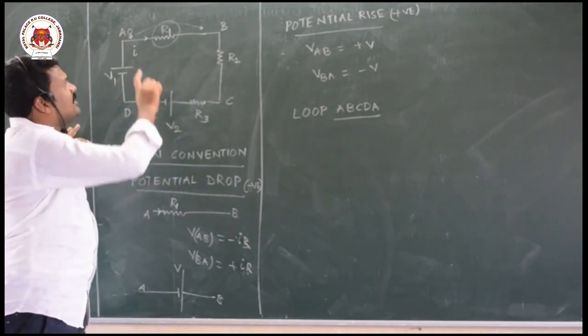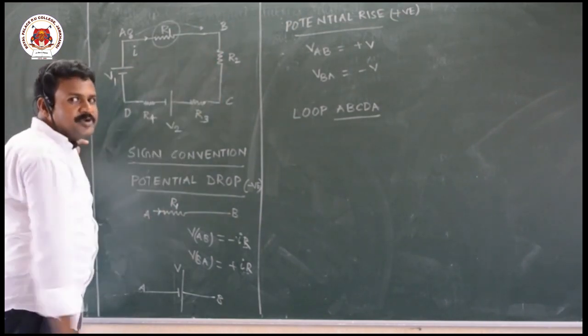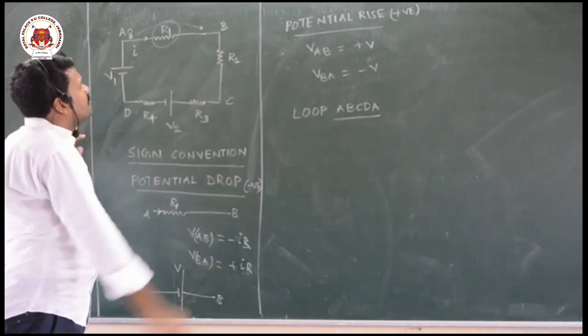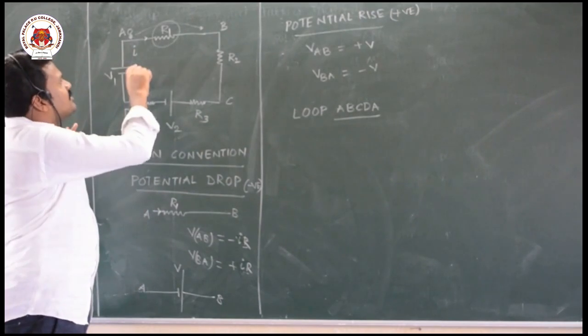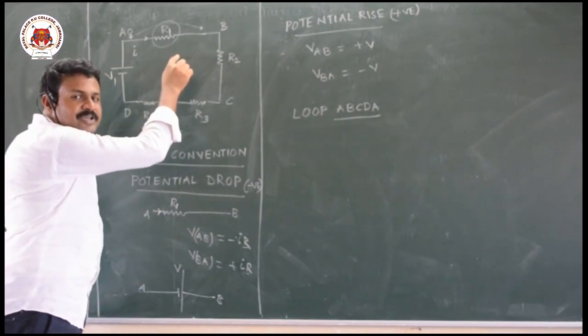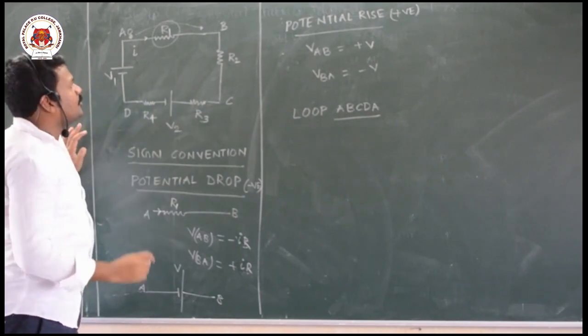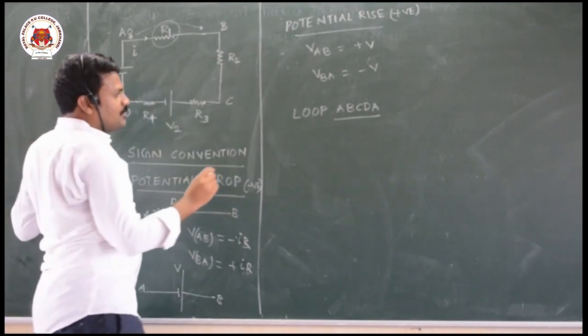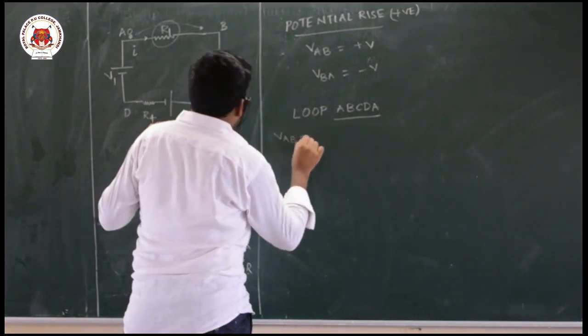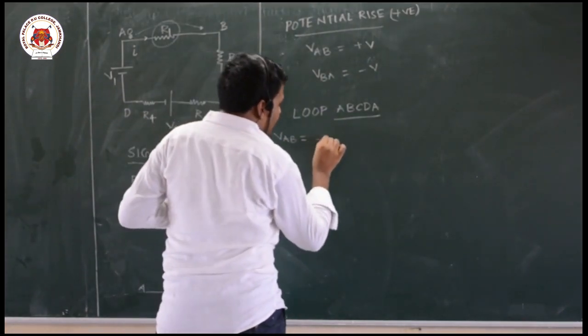Whether you take this potential difference as positive or negative, you have to think. When you are moving from A to B, you are moving in the direction of current, and there is a resistor here. So in the direction of current, inside a resistor, you have to take it as minus. So potential across AB, I have to take it as minus IR1.